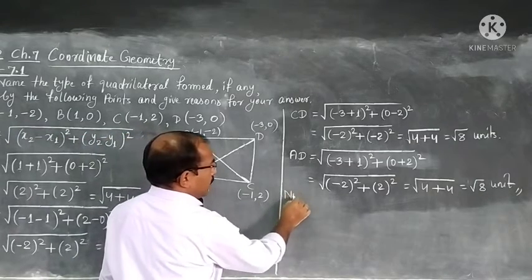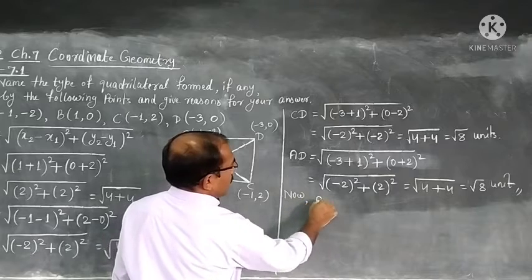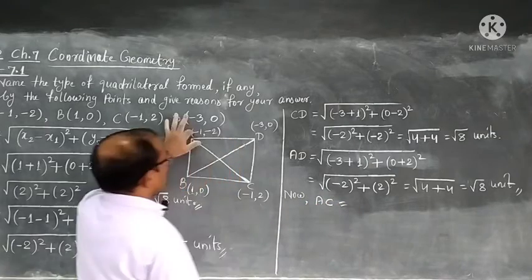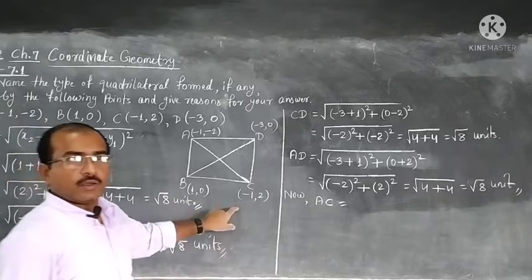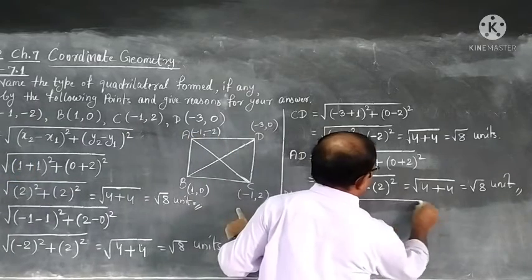Now we go for finding AC. When we say AC, we look at the 2 points A and C, and accordingly we arrange x2 minus x1 whole square.